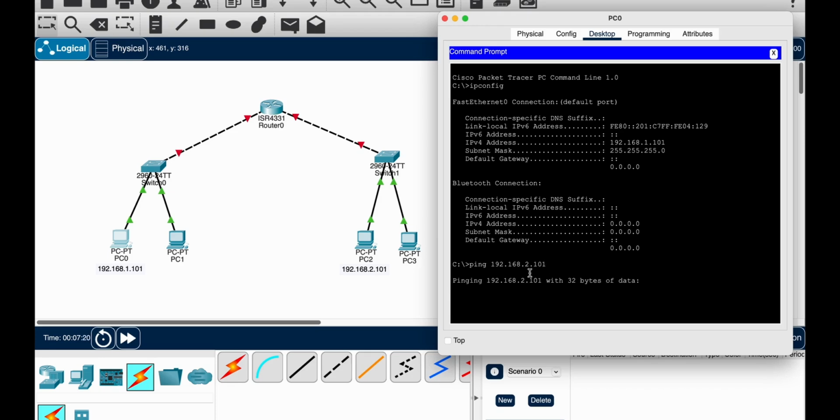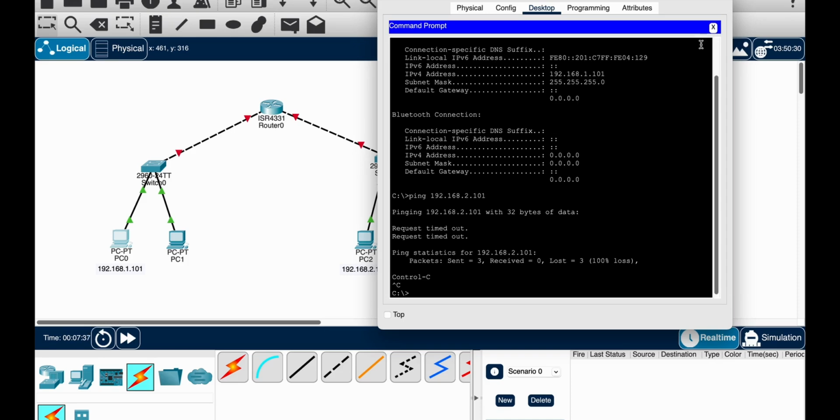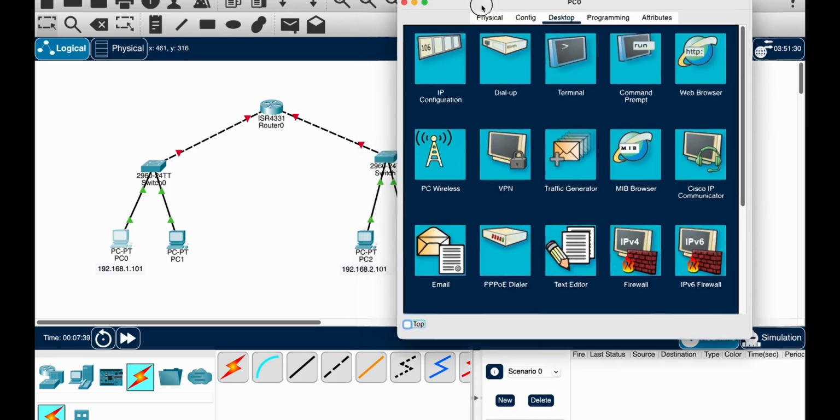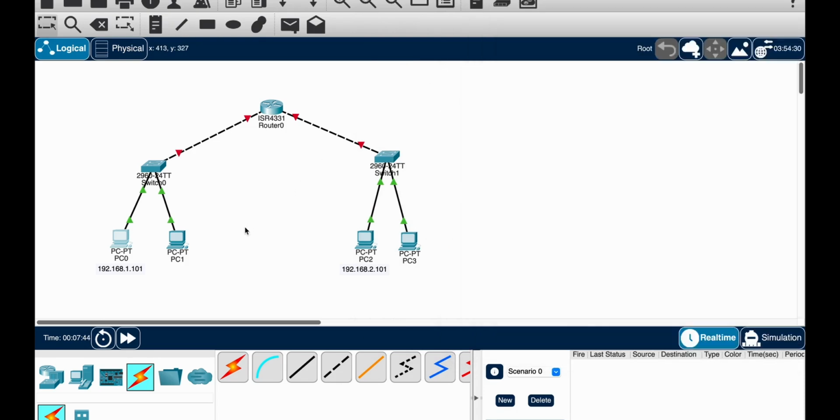When we try to do this, we are going to get a timeout or some sort of an error. Okay, so request timed out. What that means is we tried our best, we could not find any path, any route to 192.168.2.101. Let's go ahead and close this. We know why that is, because 192.168.2.101 is a different network and we have not configured our gateway.